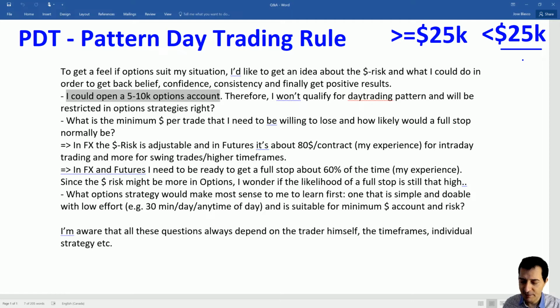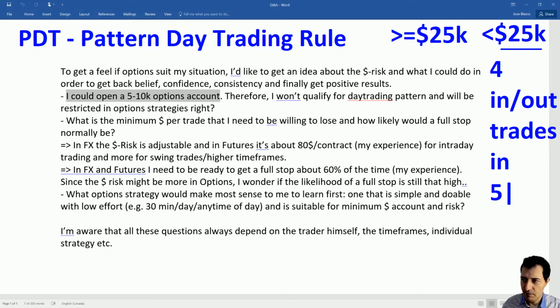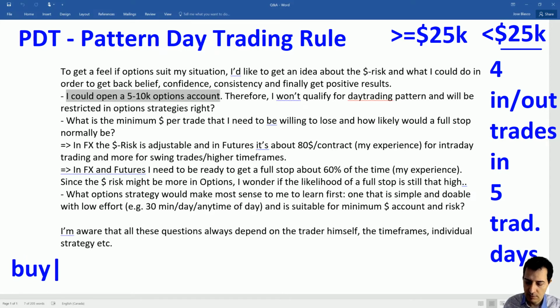If I am not mistaken, this would allow you a maximum of four in-and-out trades in 5 trading days. In-and-out trades means you buy now, you sell next.